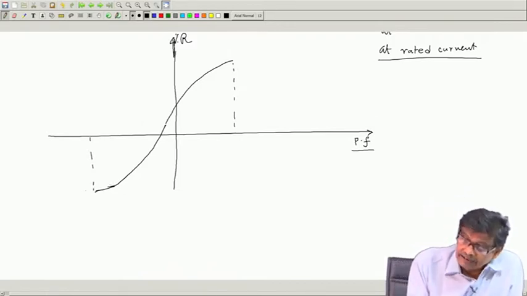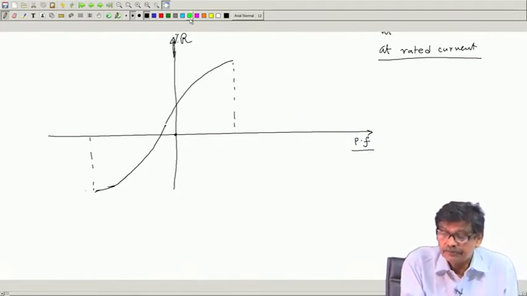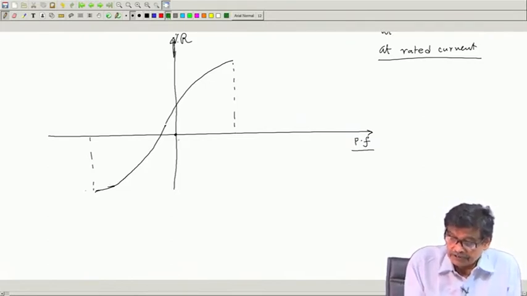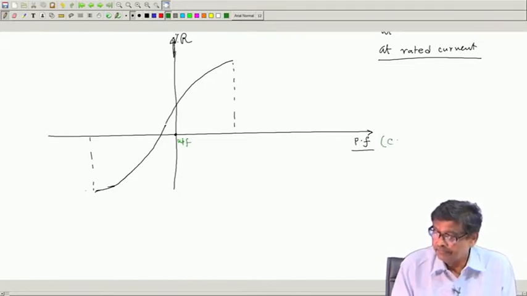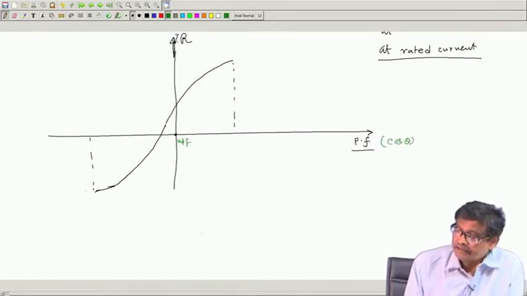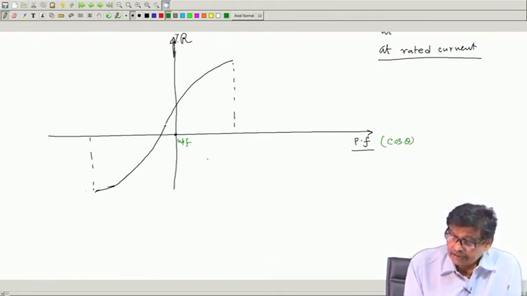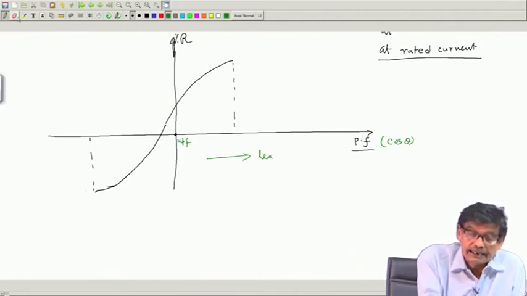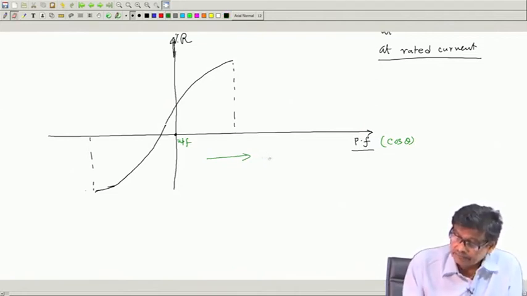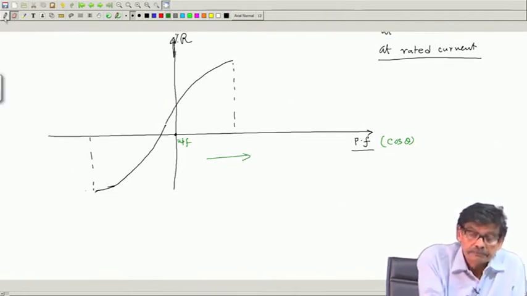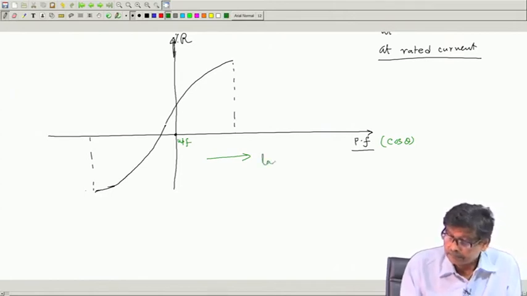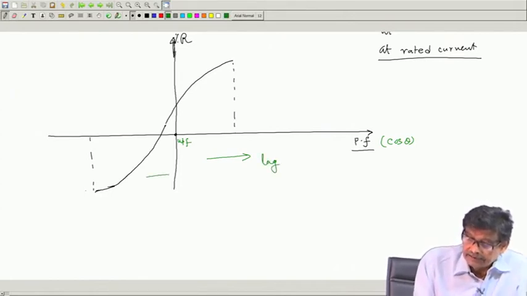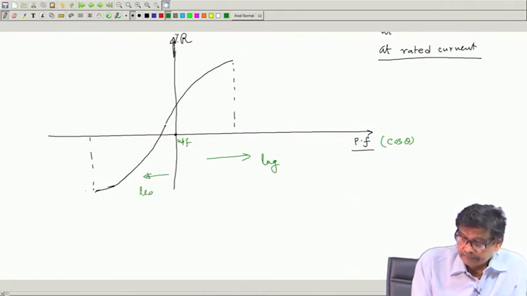Okay. And this point is suppose unity power factor, cos theta, against cos theta I am sketching. This side is lagging power factor and this side is leading power factor.